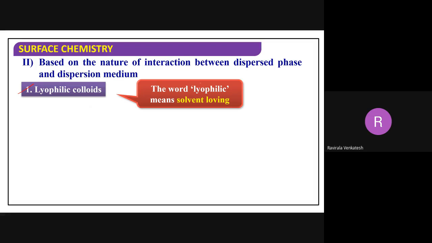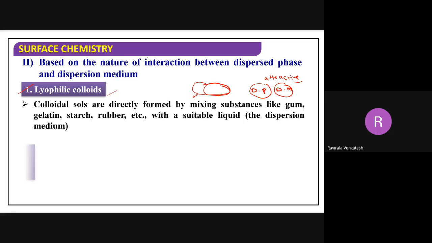Lyo means solvent, and philic means loving. So solvent-loving, solvent-attractive colloids are lyophilic colloids. In this case, the dispersion phase and dispersion medium have attractive interactions. Therefore, these are called lyophilic colloids.